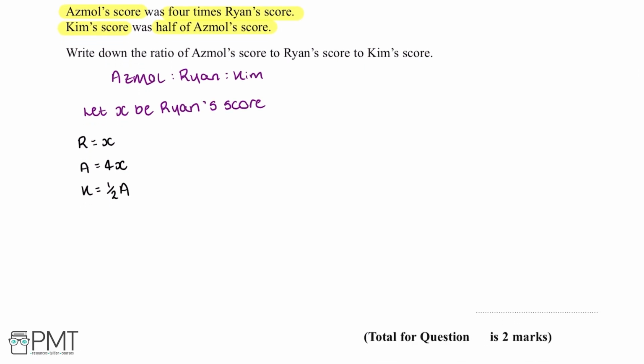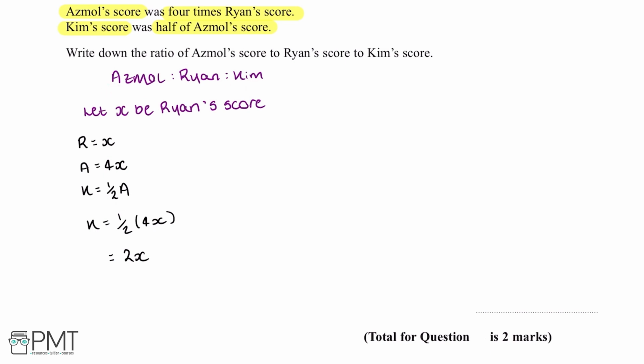And we worked out that A is equal to 4x. So therefore Kim's score is equal to a half multiplied by 4x, which means that Kim's score is equal to 2x. So now what we can do is substitute in these scores in terms of x into this ratio above.